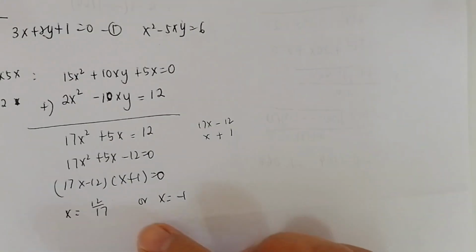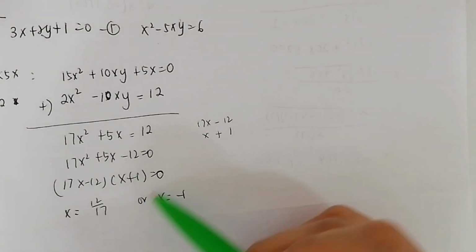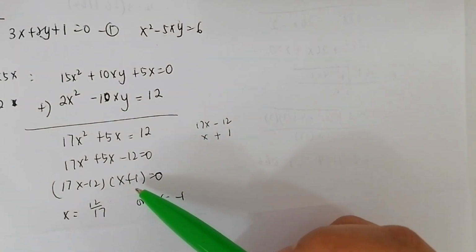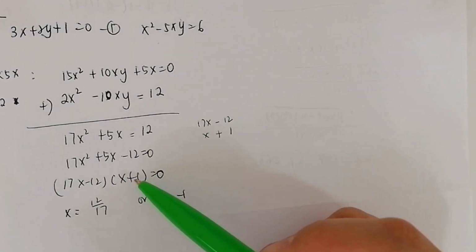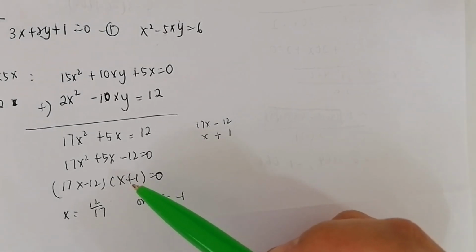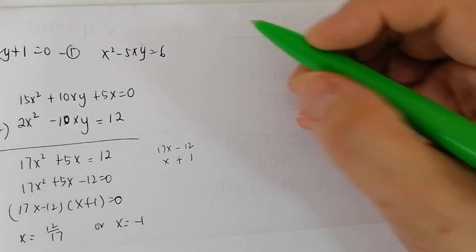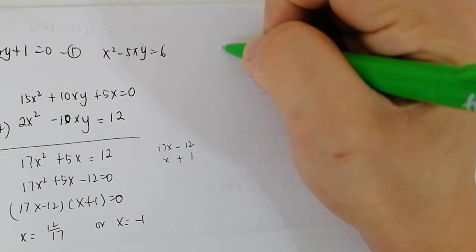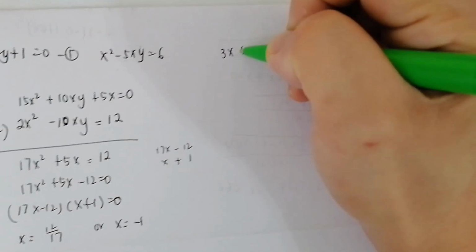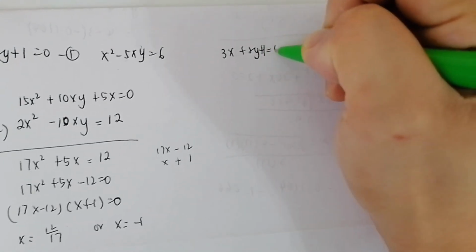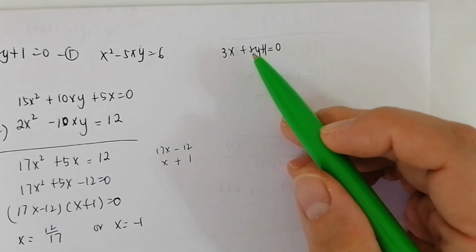Okay, alright, so after you get the value, that means when your answer appears in the calculator as a fraction, you can use either factorization or the quadratic formula, also fine. Alright, so here when 3x plus 2y plus 1 equal to 0, now we want to find the y value.